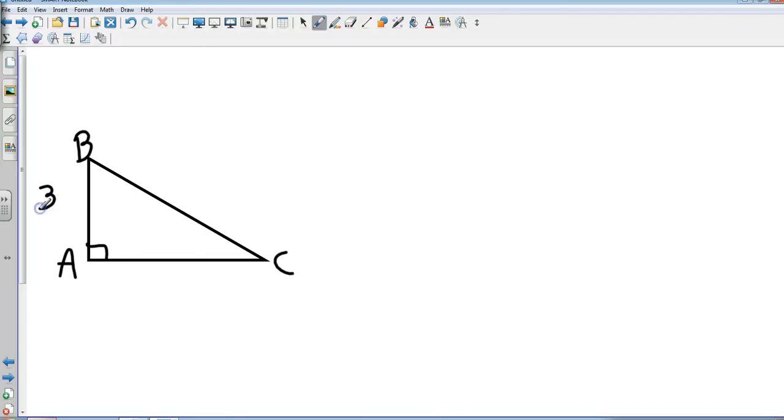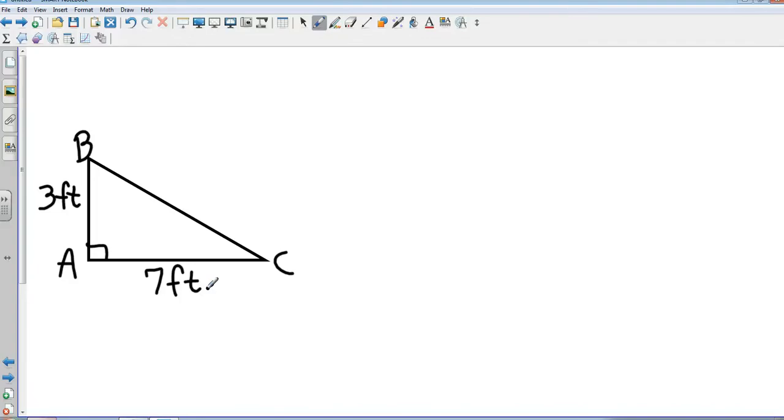Let's say this is 3 feet, and this is 7 feet, and then BC we don't know. We know what one of the angles is, and we know that it's 90 degrees.